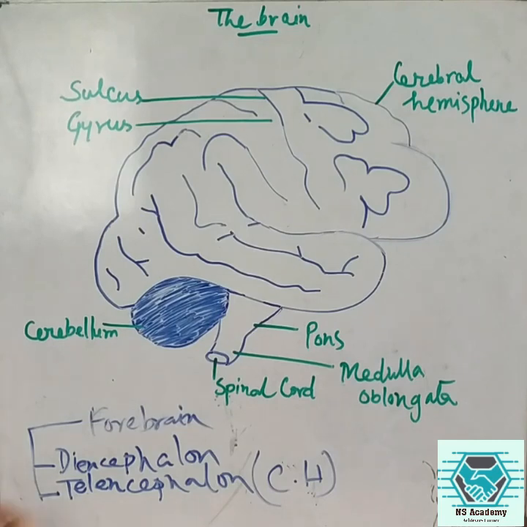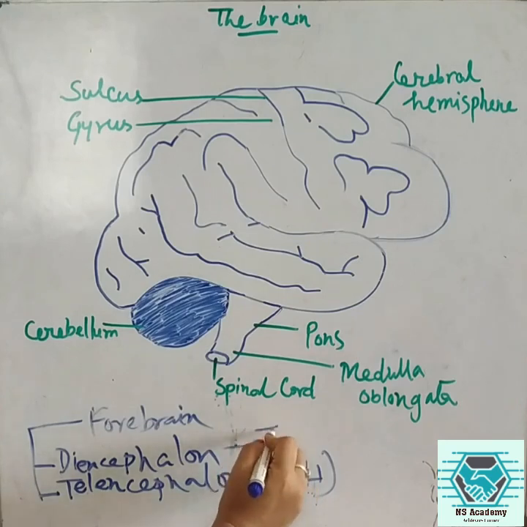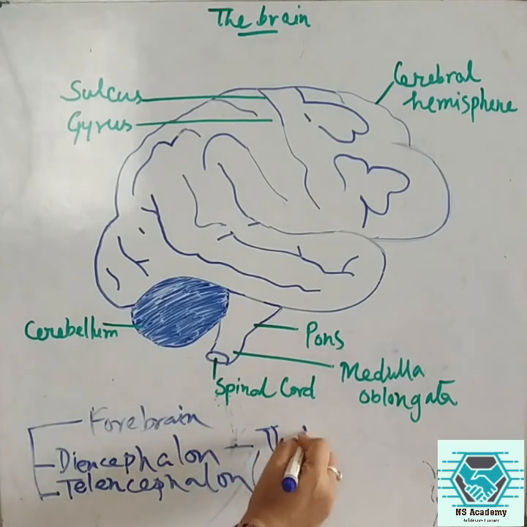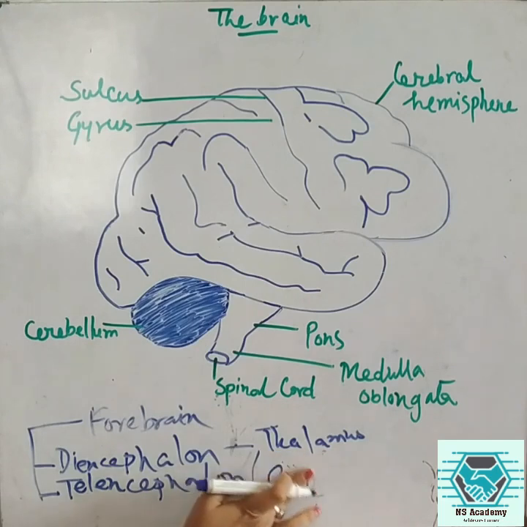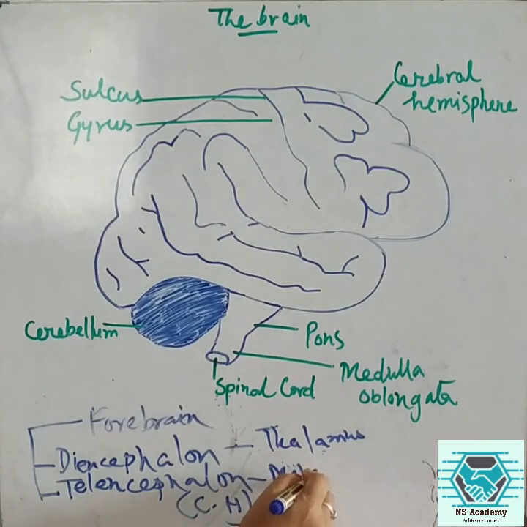So in the diencephalon there are parts, that is thalamus, metathalamus, epithalamus and hypothalamus.